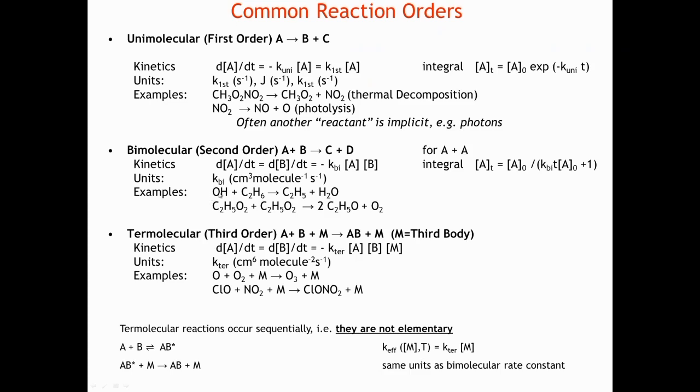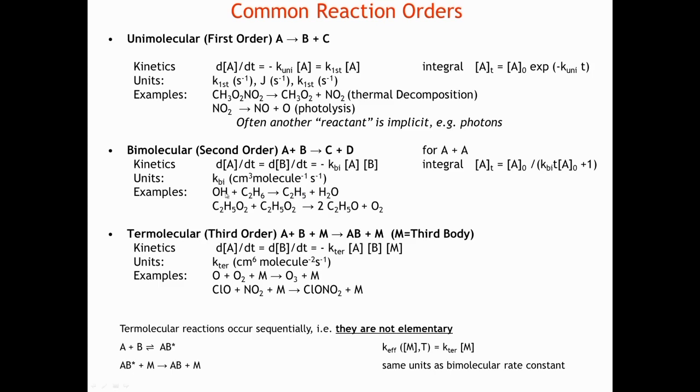So this pair of reactions, both of these actually. What are these reactions? What sort of reactions are these? They're both propagation reactions. OH is a radical and C2H5 is a radical.